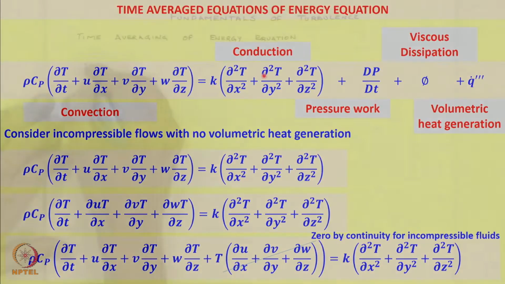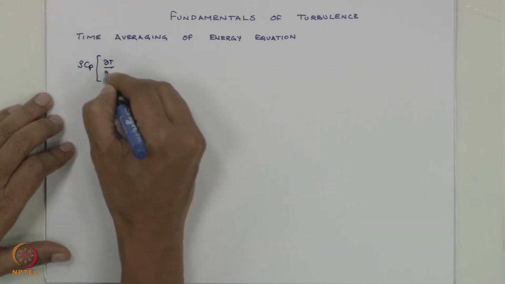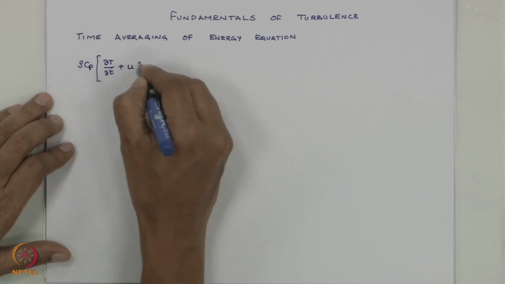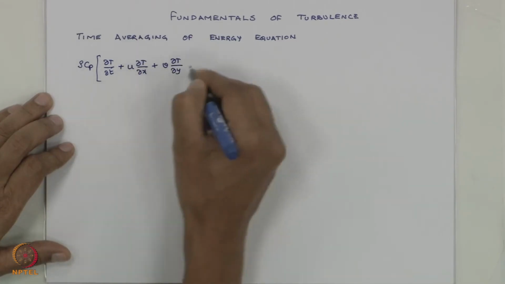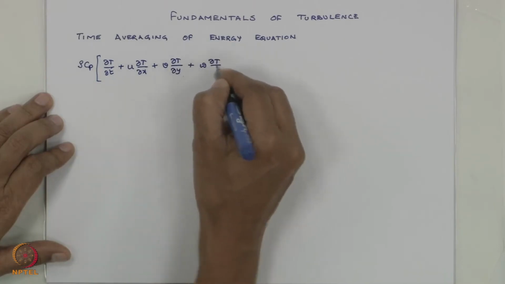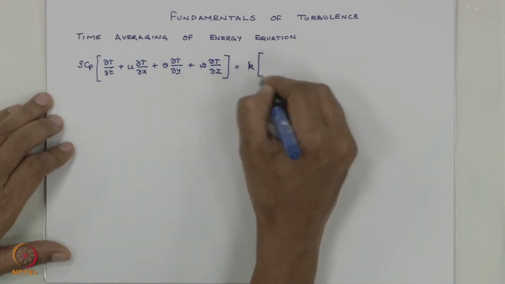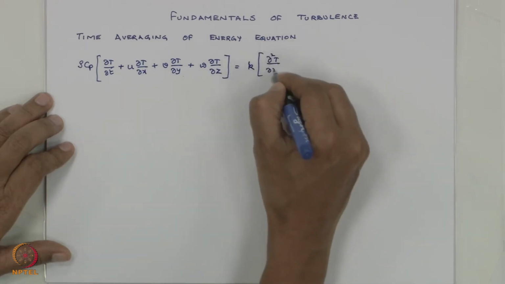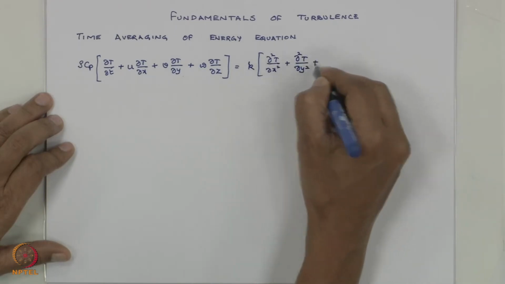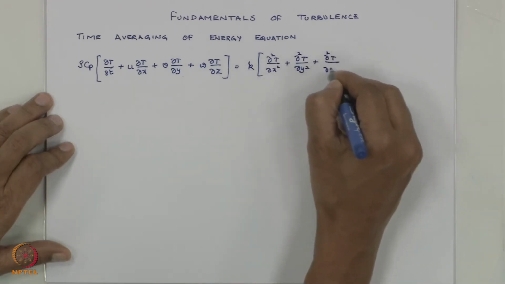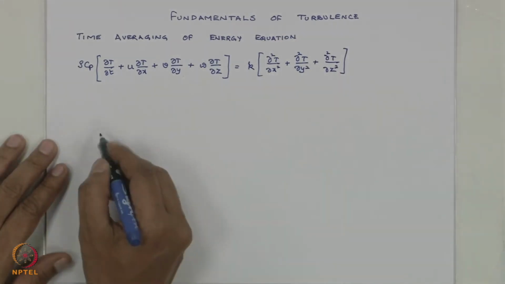So I am having only this total derivative of temperature and the conduction term. So let us write that rho Cp into del T by del t plus u del T by del x plus v del T by del y plus w del T by del z is equal to k into del squared T by del x squared plus del squared T by del y squared plus del squared T by del z squared. Like we did in the momentum equation, we shall rearrange the left hand side so that time averaging becomes easy.